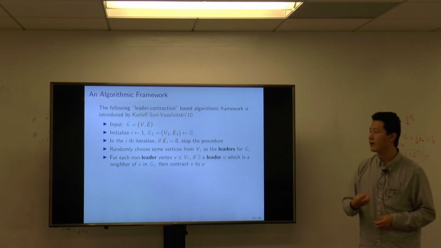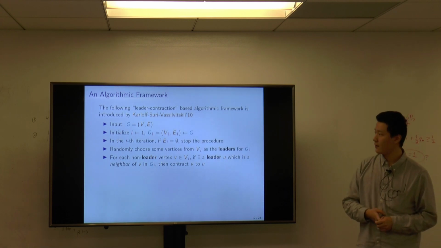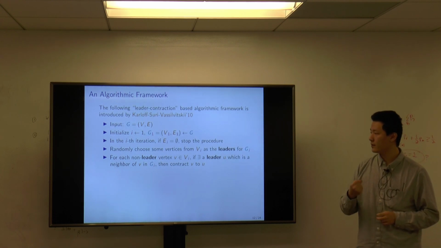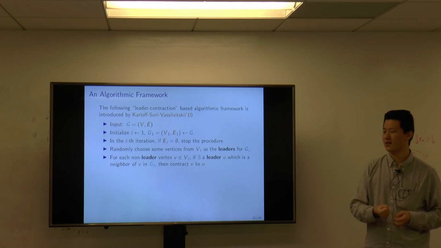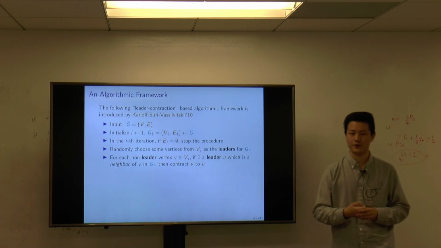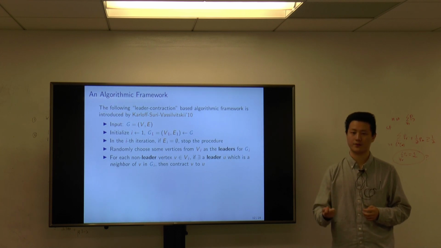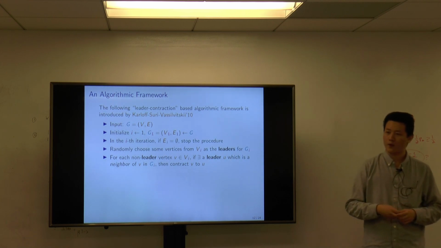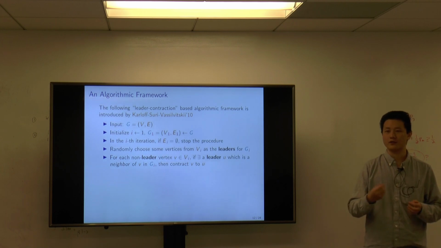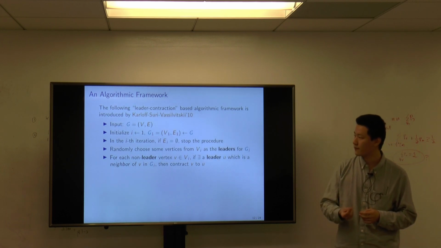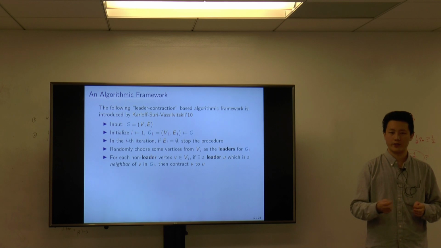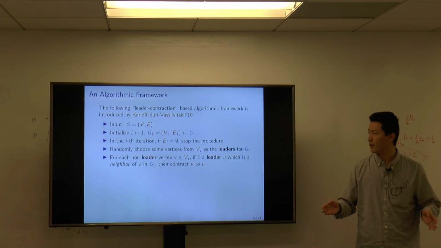Then for each non-leader vertex, if there's a leader u which is a neighbor of this non-leader vertex v, we try to do the contraction. We want to contract the vertex v to the vertex u. So what does contraction mean? If we want to contract the vertex v to vertex u, we check all the edges.